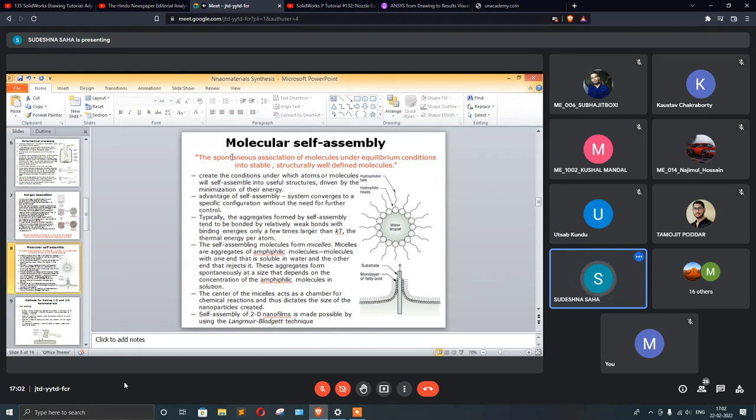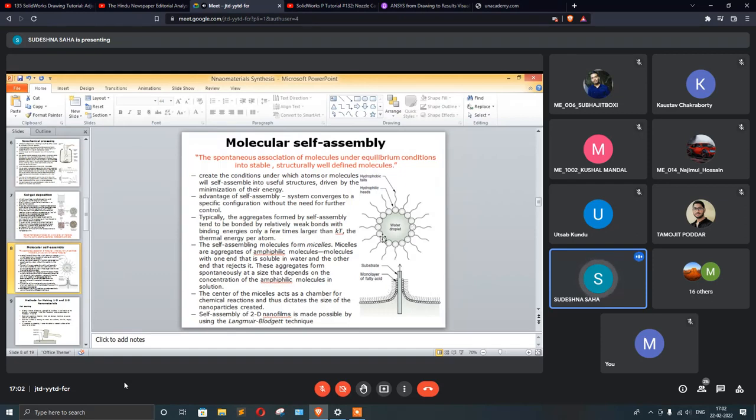I have come up with certain structures where you can see very good pictures of molecular self-assembled nanoparticles, where you have spherical structures, cylindrical structures, all these things. Rather, over here, what we will talk about is how we can use those molecular self-assembled structures in order to create 0D nanomaterials.